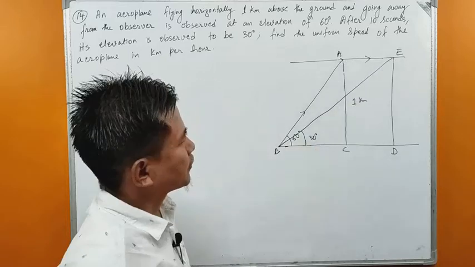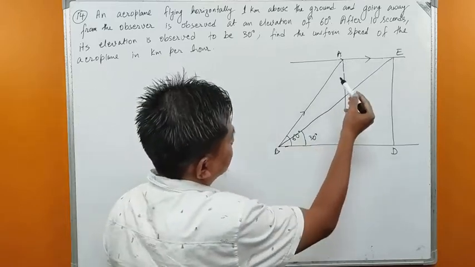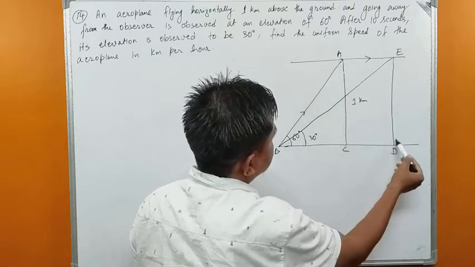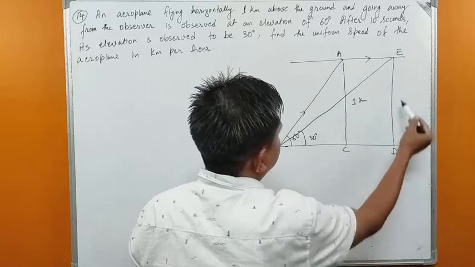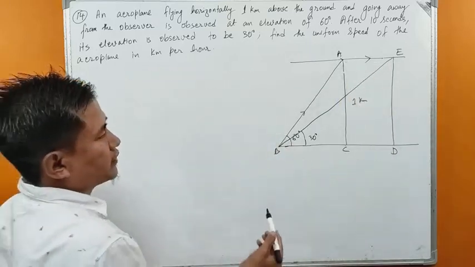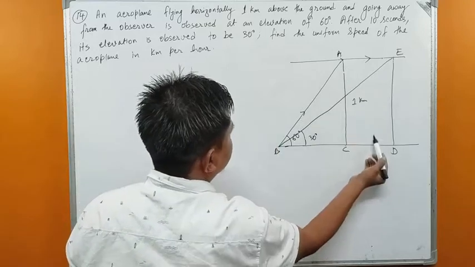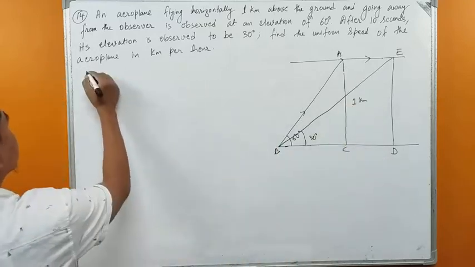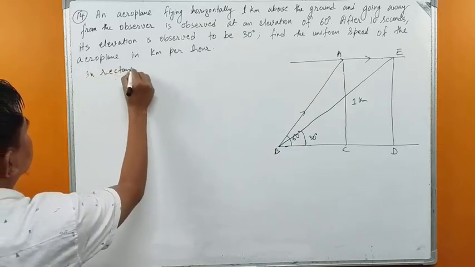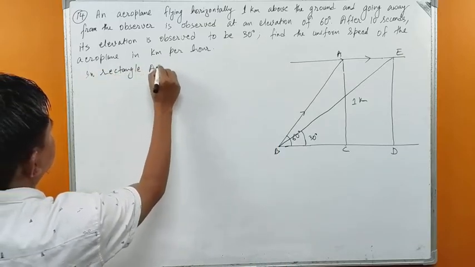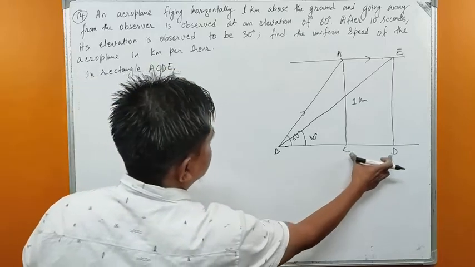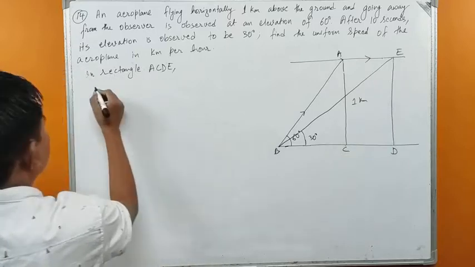So let us first see the rectangle ACDE. ACDE is a rectangle, isn't it? Rectangle means the opposite sides are equal to each other. This means in rectangle ACDE, you can see CD and AE are equal.